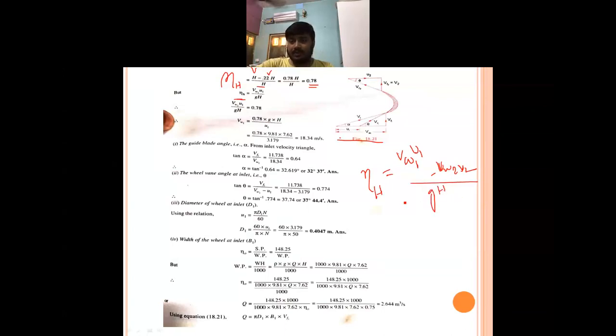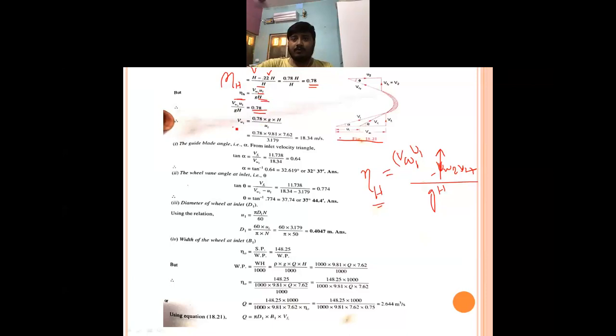Actually it is m g H, because the numerator is also multiplied by m, so m cancels out from the numerator as well as the denominator. VW2 is equal to 0, so eta H is nothing but VW1 U1 by gH, and this is 0.78.